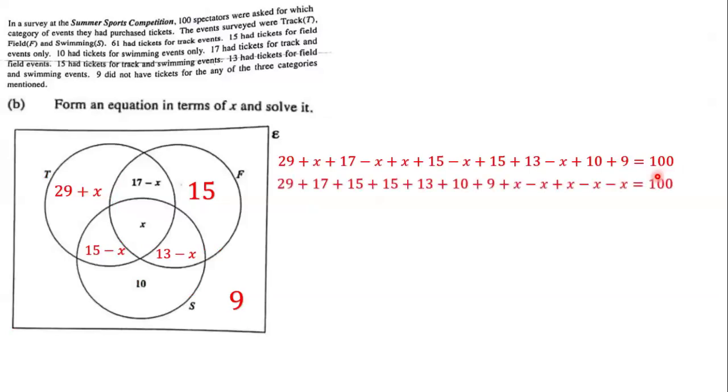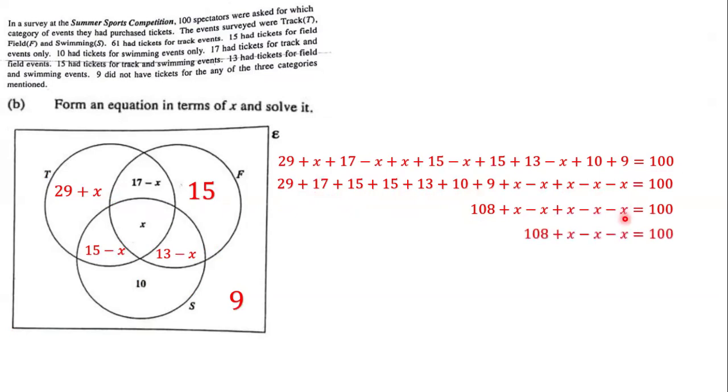The first thing we're going to do is group together all of our numbers, and group together all of our letters. So we have 29 plus 17 plus 15 plus 15 plus 13 plus 10 plus 9, and that gives us 108. And then we have x minus x, x minus x minus x.